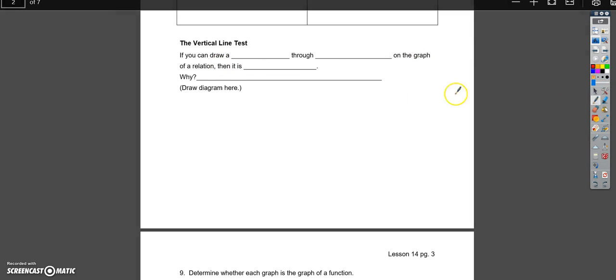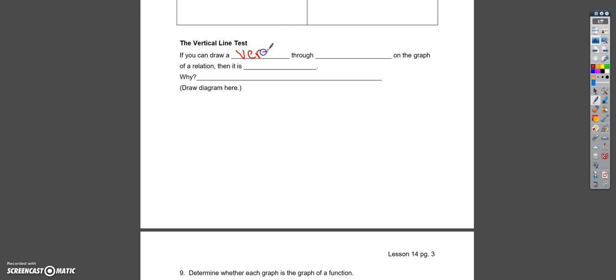If you can draw a vertical line, which is up and down, through any point on the graph of the relation, through more than one point on the graph of the relation, then it is not a function.